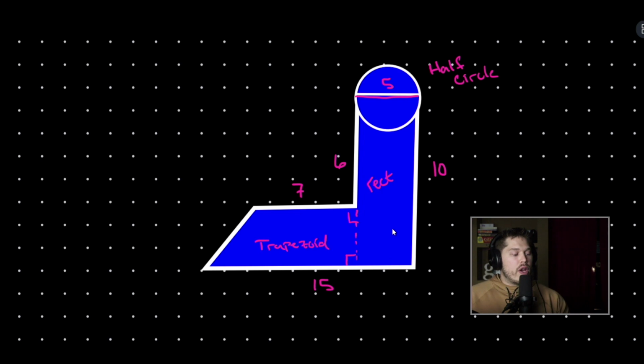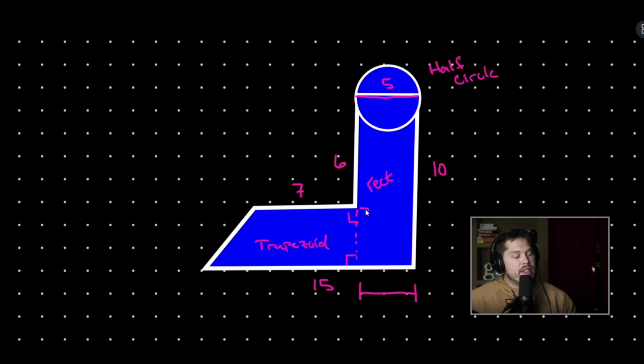Okay. So what are the dimensions of our rectangle? Do we know them? Well, we know that it has a height of 10, but what about this distance? What is this distance here? Well, if this full length is 15, and this part is 7, well, hey, we might not know this yet.